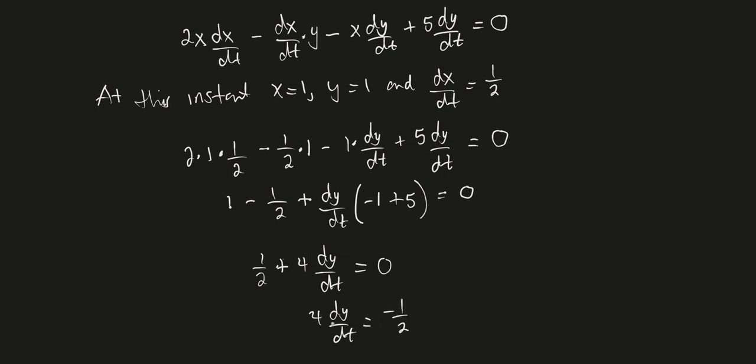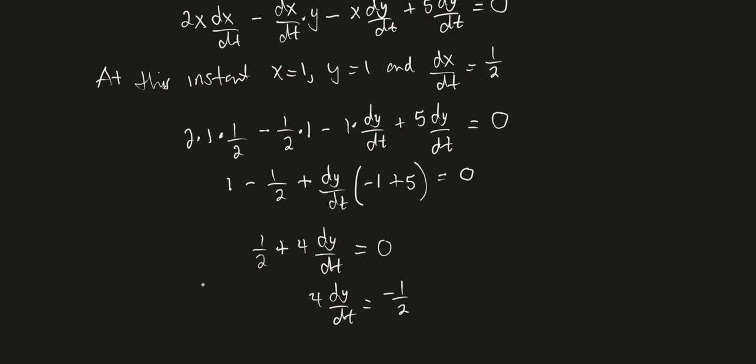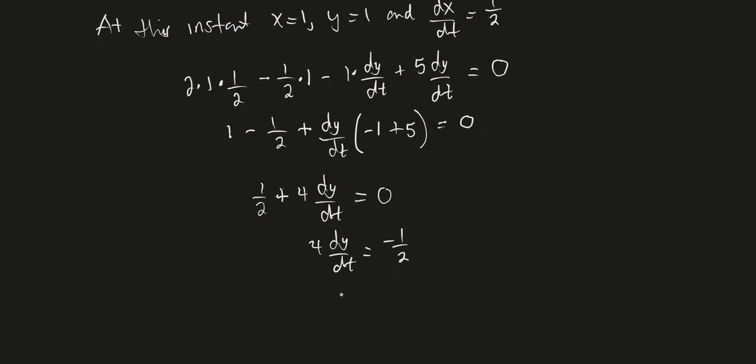And then to isolate dy dt, divide both sides by 4. So dy dt is equal to negative 1/2 divided by 4. So the rate of change of y with respect to t at this instant is negative 1/8.